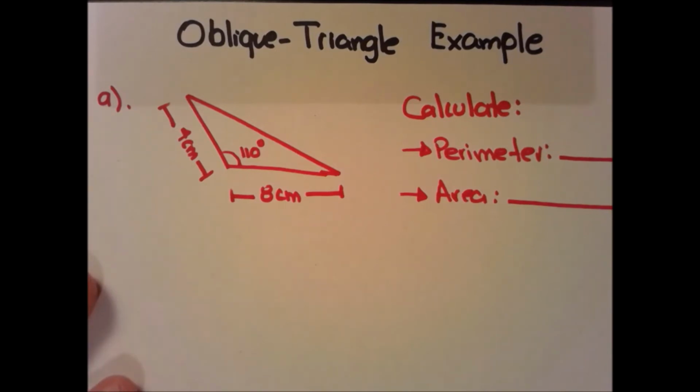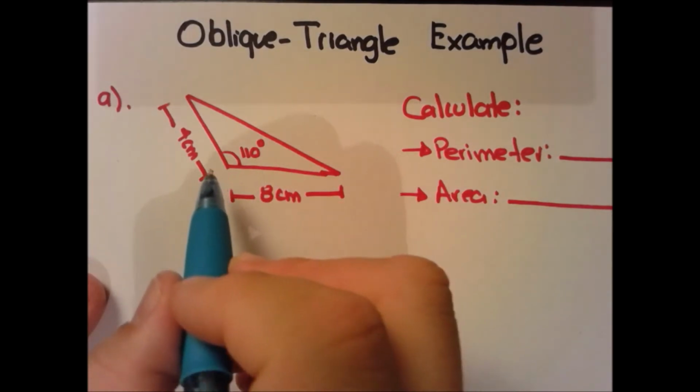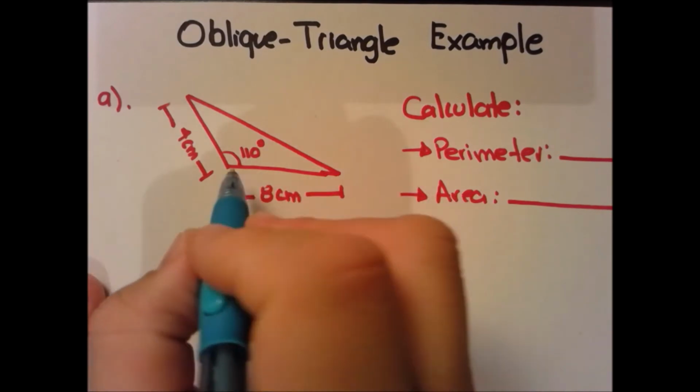Well, the first thing that we should do is label the internal angles and then the sides opposite each internal angle with capital letters.